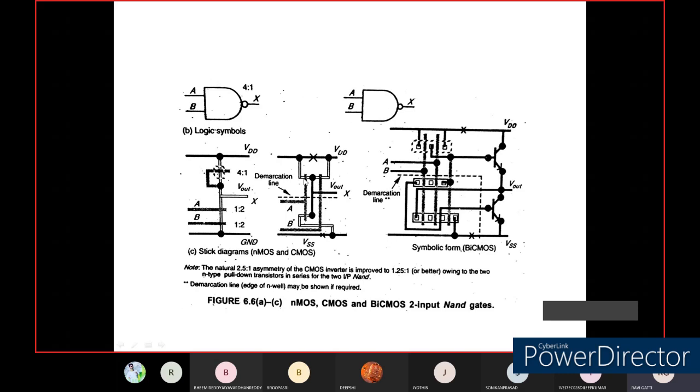The top portion belongs to the PMOS implementation and the bottom portion belongs to the NMOS implementation. You can implement the same thing in CMOS technology using this stick diagram. There is no need to make a note of this, since you already studied it, you just make use of it. So how can we implement these elements? Through the use of these transmission logic gates.